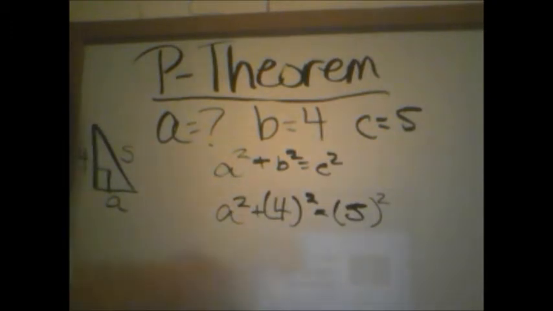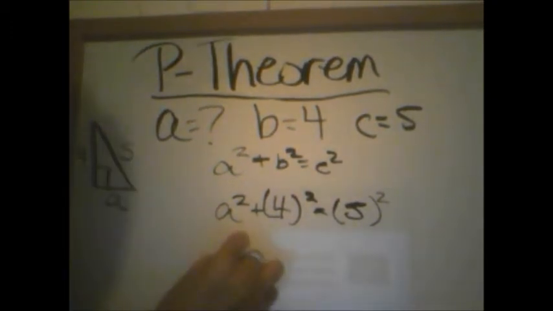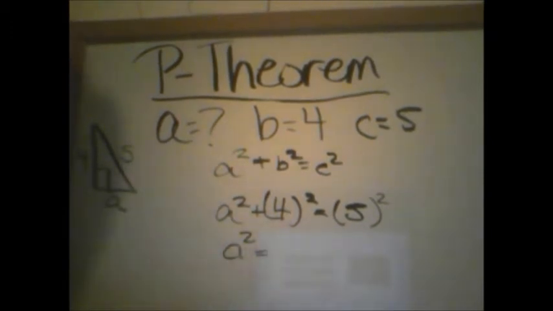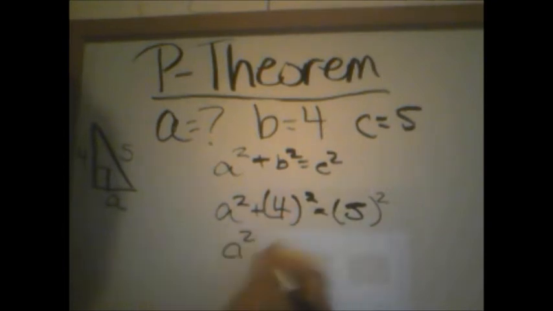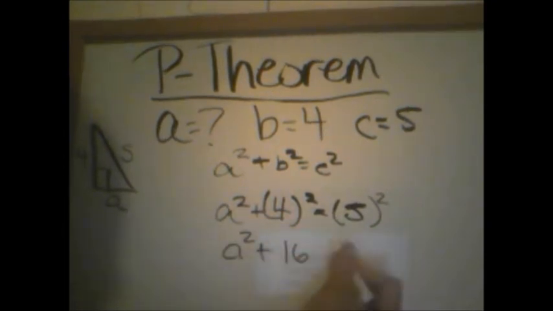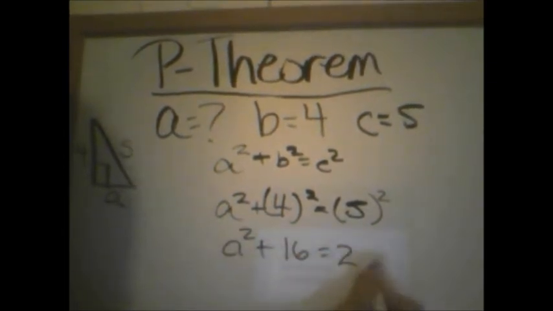Alright, 4 squared is 16. 5 squared is 25.